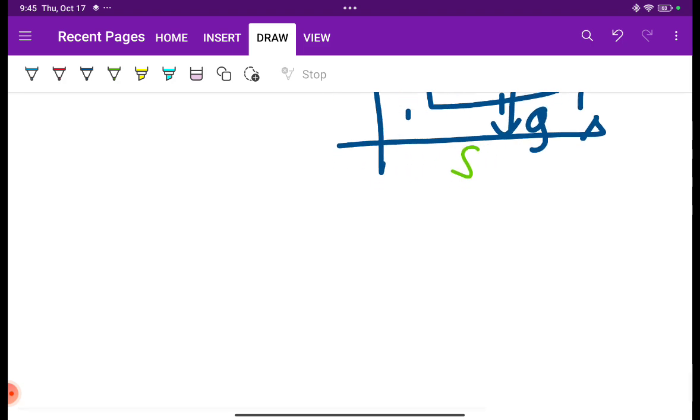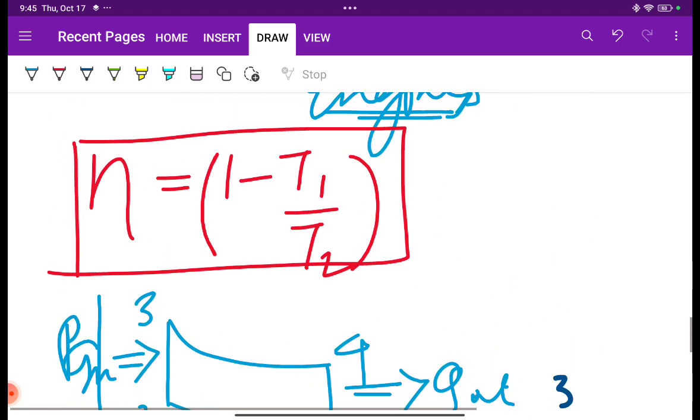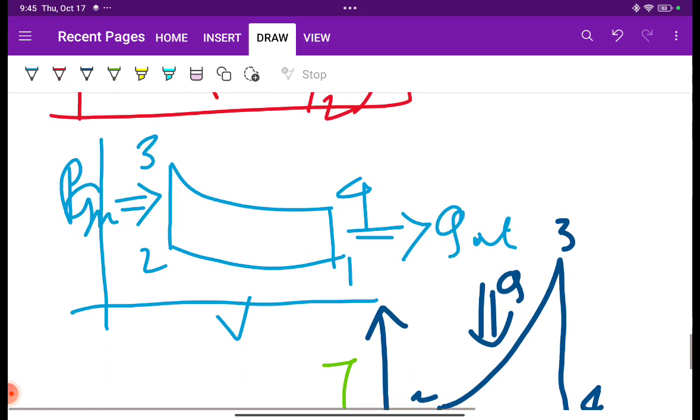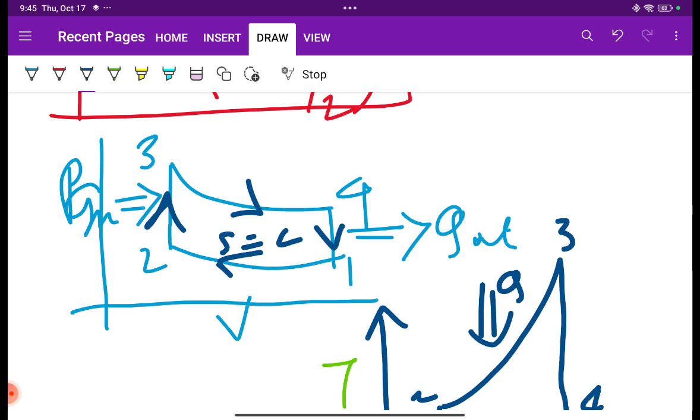So as you can see in the graph, in process 1 to 2, basically this is an adiabatic compression of air. We can say S equal to C. Adiabatic compression of air takes place in 1 to 2, and this is a cycle.